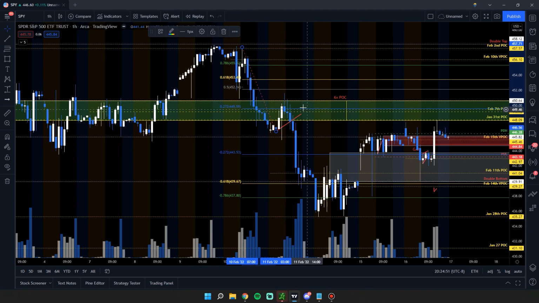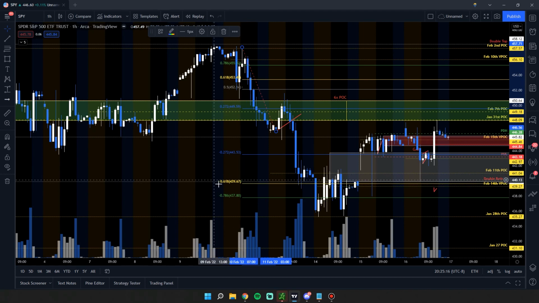This is an easy short. Not only are you leaving this 6x POC zone at the same time that you're crossing through this trend line, and then you retest, some people will comfortably take a trade here. The safer entry is always going to be the retest of the trend line. And then you play it down to your 272 level, boom, you got paid.